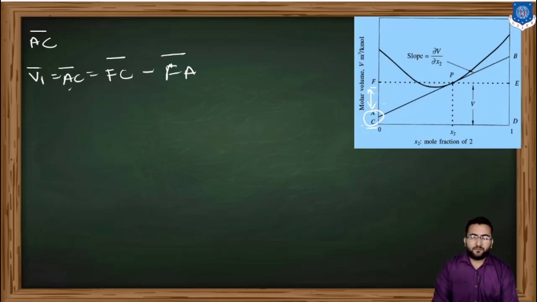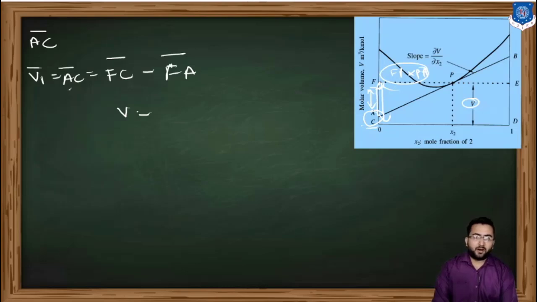So what is the value of FC? The value of FC can be given by the molar volume, so let's write V here, minus the value of FA. Using trigonometry, the value of FA can be given by the multiplication of FP and PA.